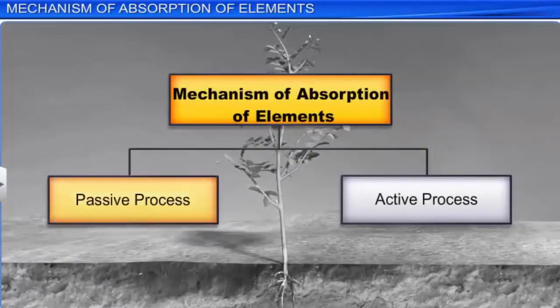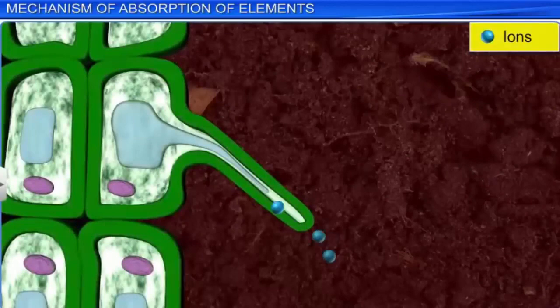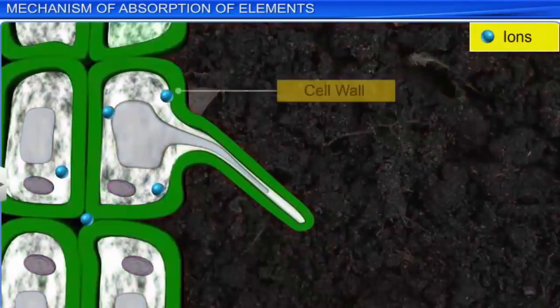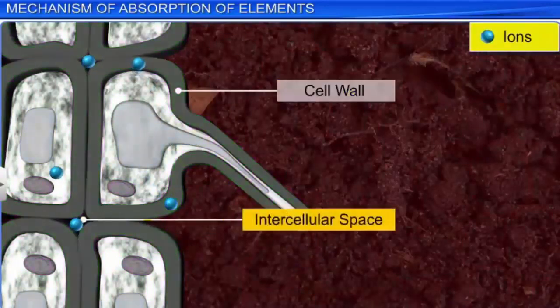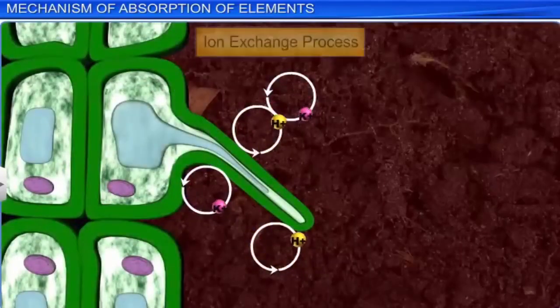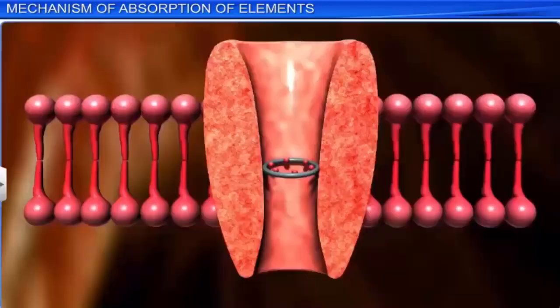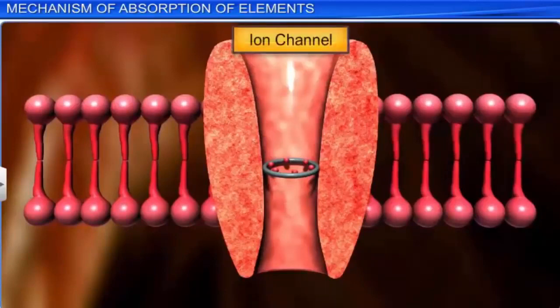Let us learn about the passive and active transport of elements in detail. The first phase involves the movement of elements into the cell wall and intercellular spaces. The absorption of ions happens through the ion exchange process. The passive movement of ions into the outer space of the plasma membrane usually occurs through ion channels.